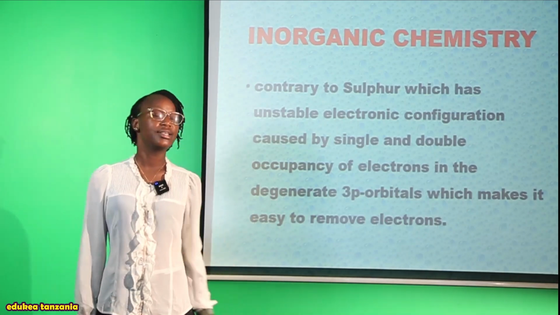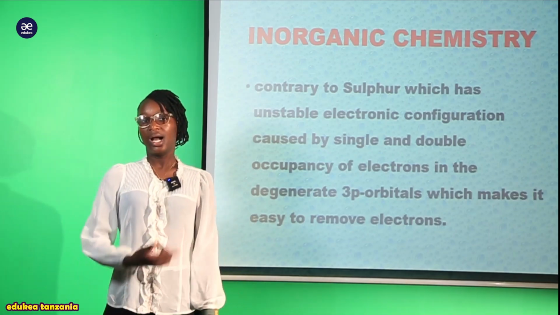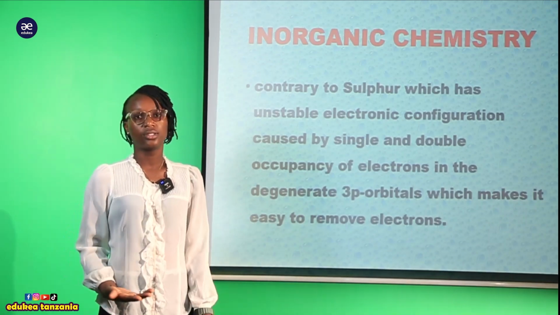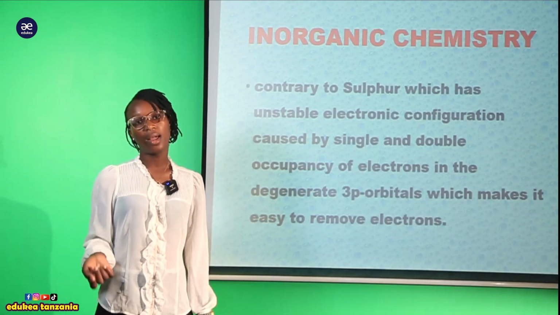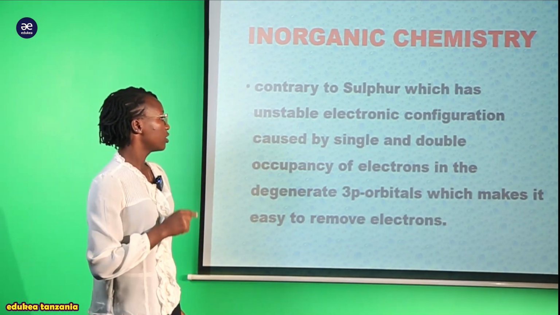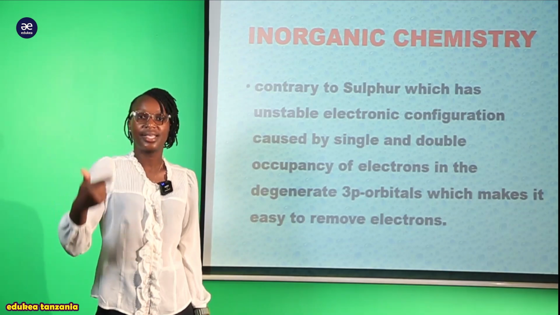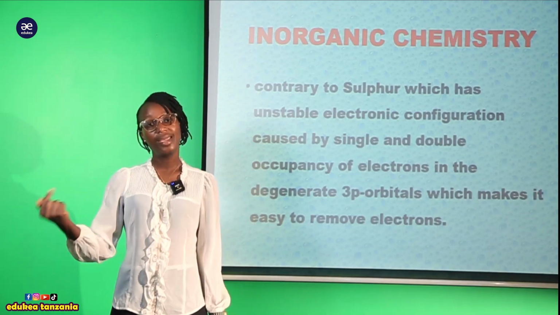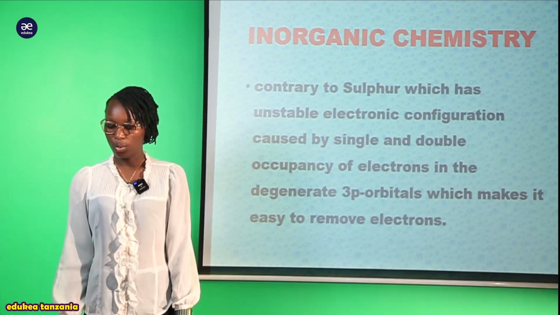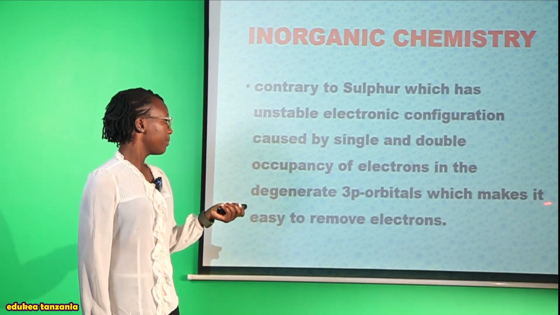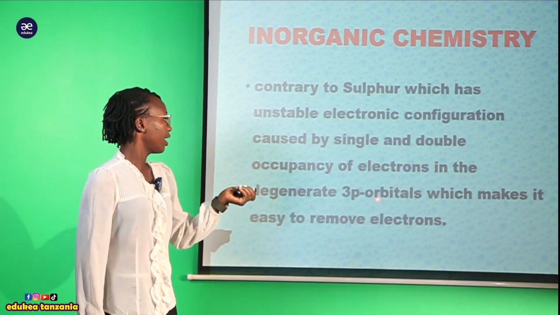Kwamba ile degenerate 3p orbital, obvious, there are electrons ambazo ni unstable electronic configuration. Maana kwamba sio full filled wala sio half filled. Ina maana ipo tu filled with the electronic configuration which displays unstable configuration. Sasa kama ni unstable configuration, therefore it will be easy to remove those electrons without any stability. That's why anasema kwamba it is easy to remove electrons.